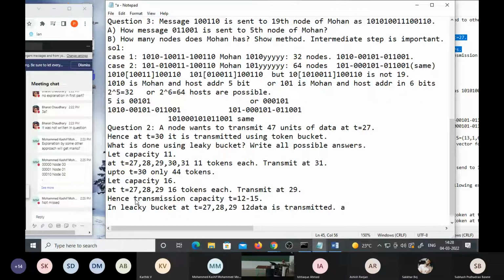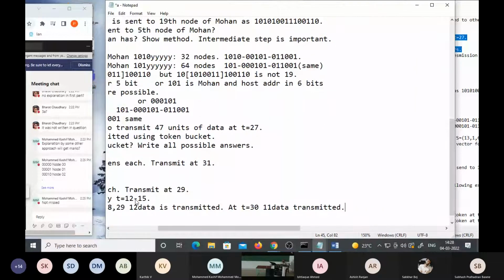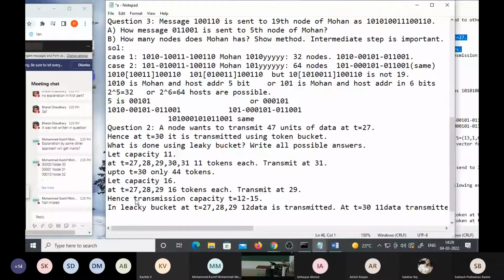At 47 data is there. At t equal to 30, 11 is transmitted. Then 12. Then 15.